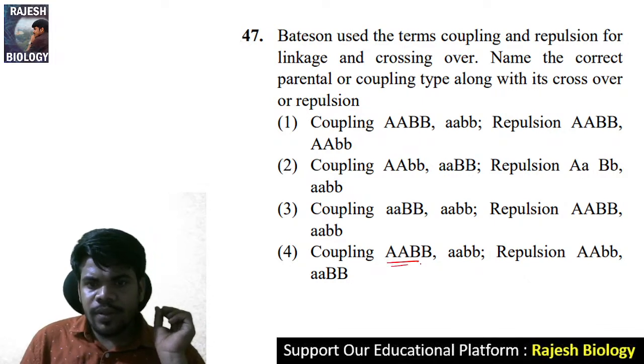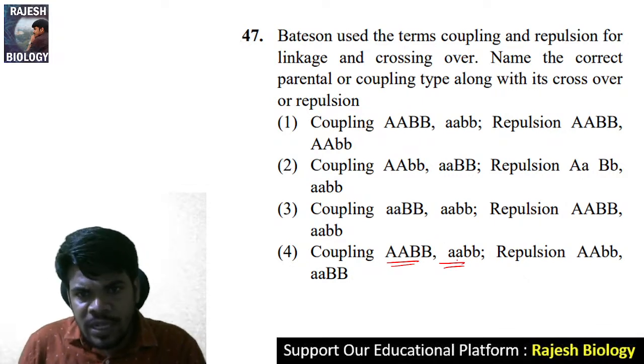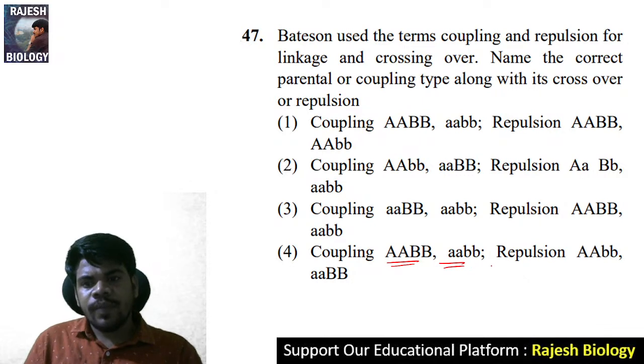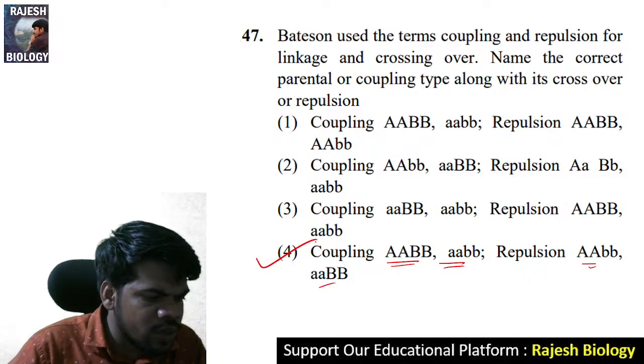Coupling means this: all homozygous dominant, all homozygous recessive, it is the coupling. Repulsion means one trait is dominant, another one is recessive like this. So the right answer is 47, option 4. Jnaneshwari, right?